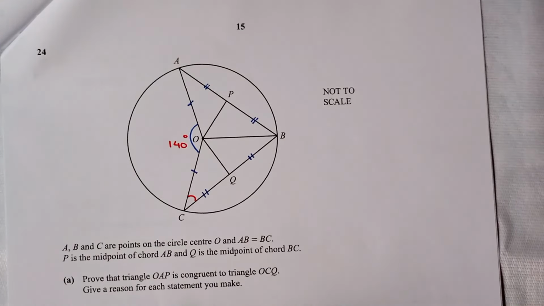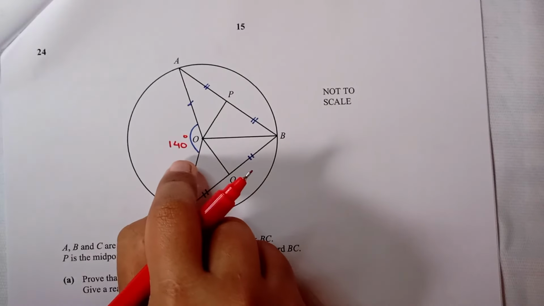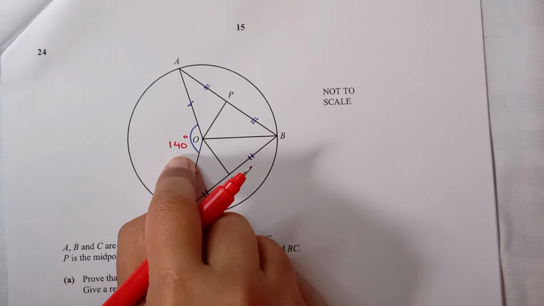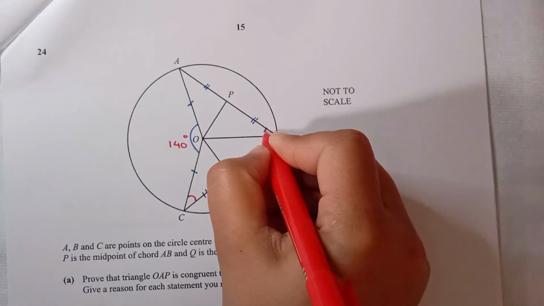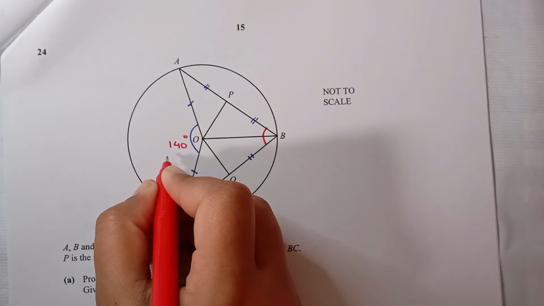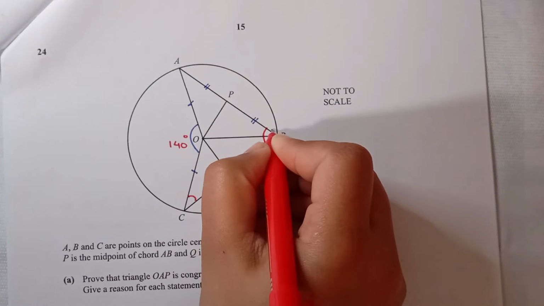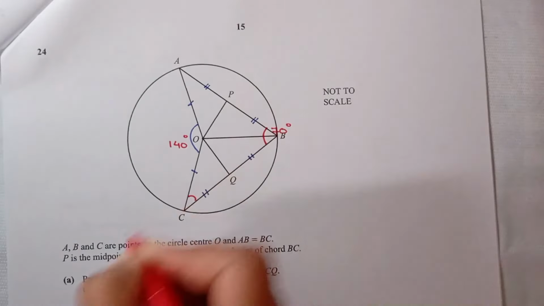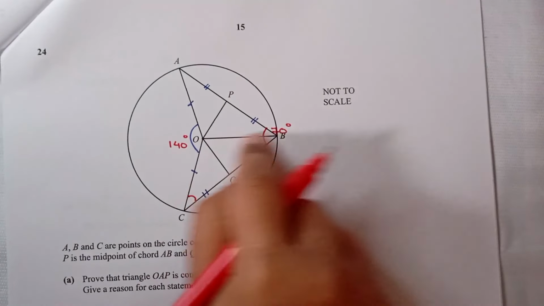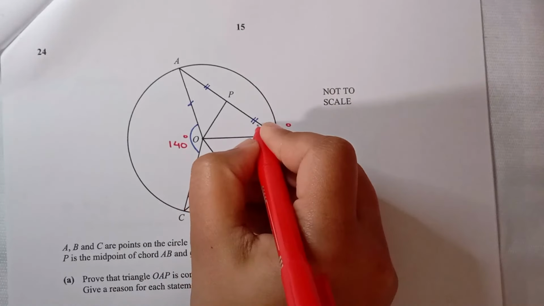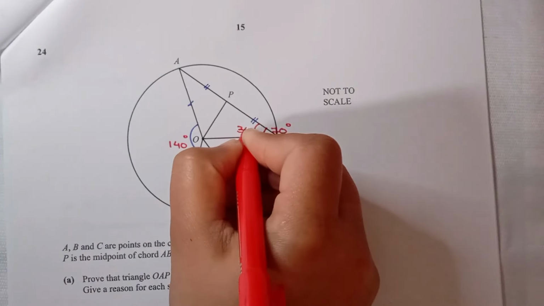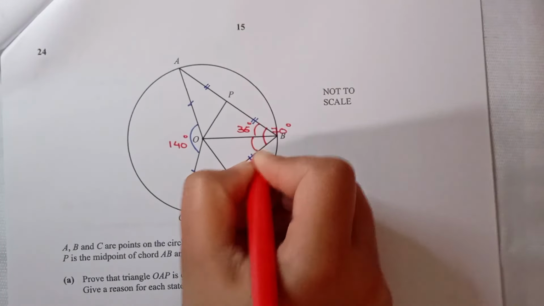As we can see, the angle at the center is 140, so the angle at the circumference must be half of 140, that is 70. So this angle is 70, right? And this is exactly half, so half of 70 would be 35. This angle is 35 and this angle is also 35.